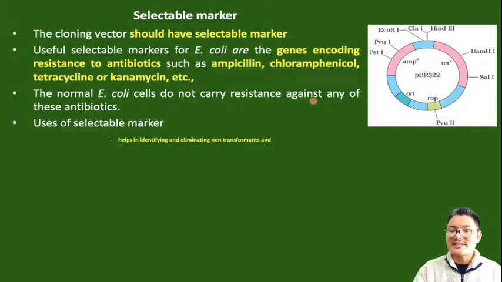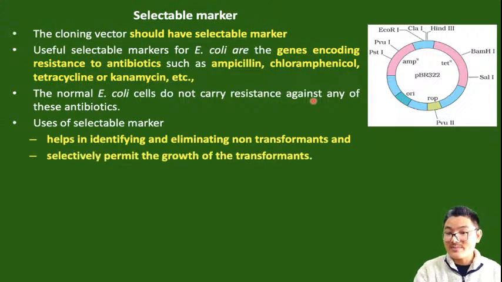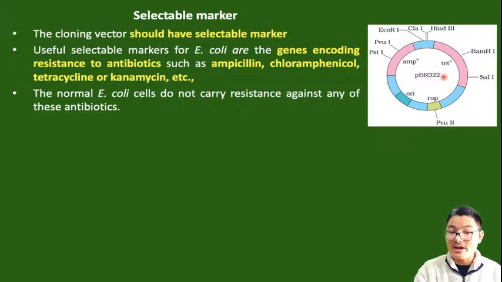How? By inserting this PBR322 in normal E. coli, then that E. coli will become resistant to ampicillin and tetracycline, as PBR322 has genes coding for proteins which give resistance to ampicillin and tetracycline.